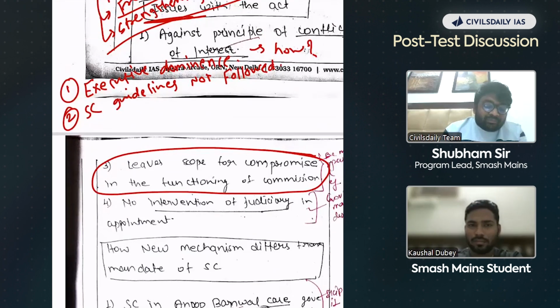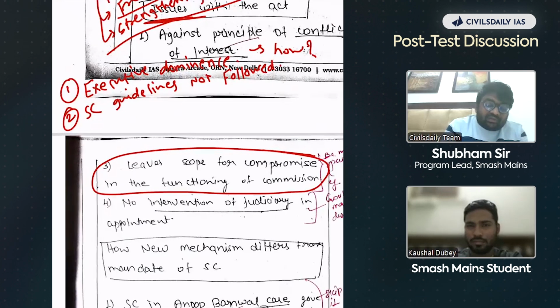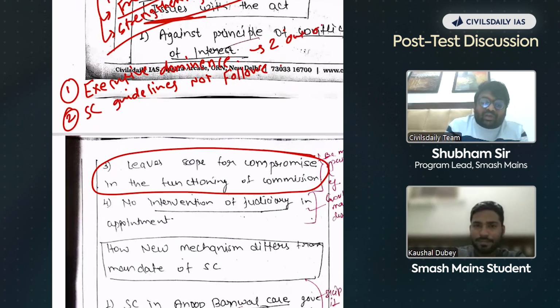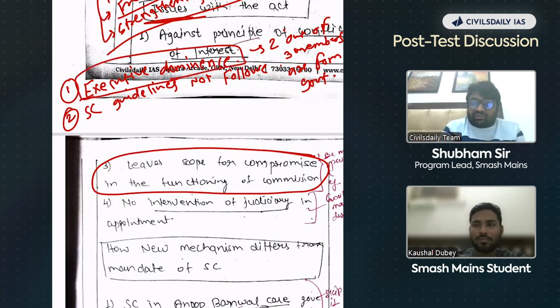Now, when I say executive dominance, giving a scope for compromise, that would have been better. Yes, 2 out of 3 members are from the government. That is my elaboration. So this proves the executive dominance.